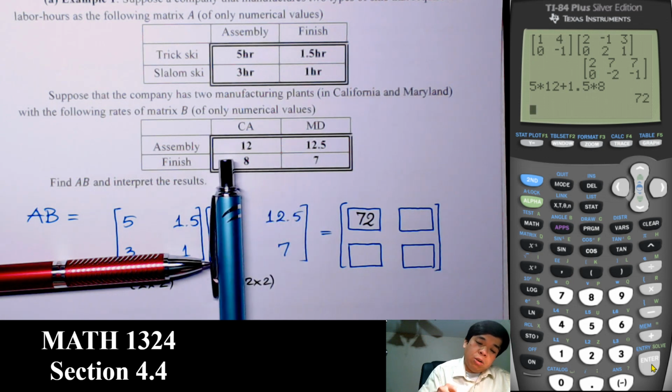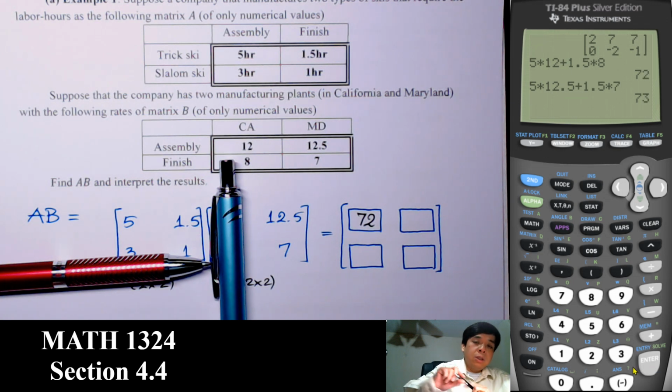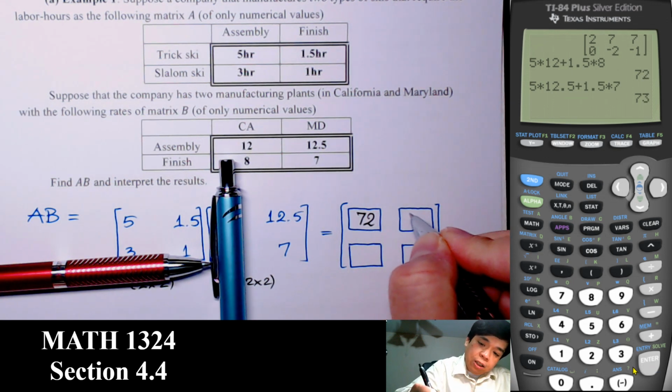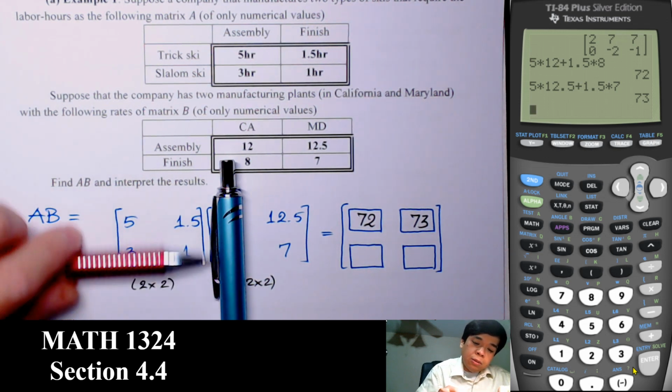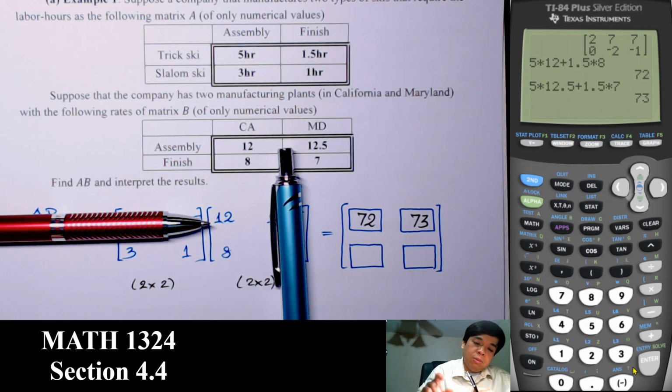And then first row second column, give us first row second column. $73. Go to second row, first column.